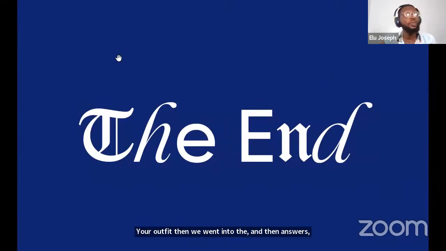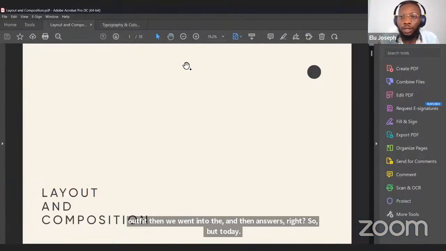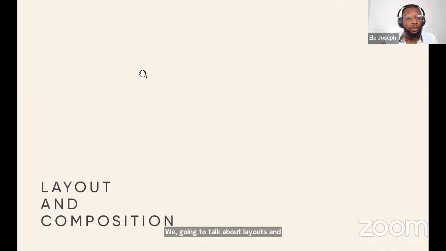So for today, we are going to talk about layouts and composition. Somebody said we skipped discussing how one can create a font and make it available for general use at the end of yesterday's session.